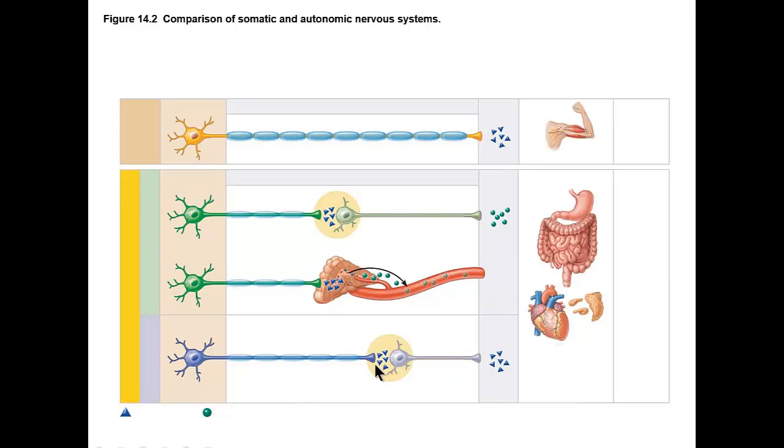Typically thin fibers with little or no myelination. Autonomic. You can see there is some myelination here, but not quite as thick and robust as we see in the somatic motor neuron. Effect on the neurotransmitter is always excitatory, which means if I have acetylcholine released at the neuromuscular junction, that's going to cause an action potential in the muscle. And what does the muscle always do when you generate an action potential there? It contracts.